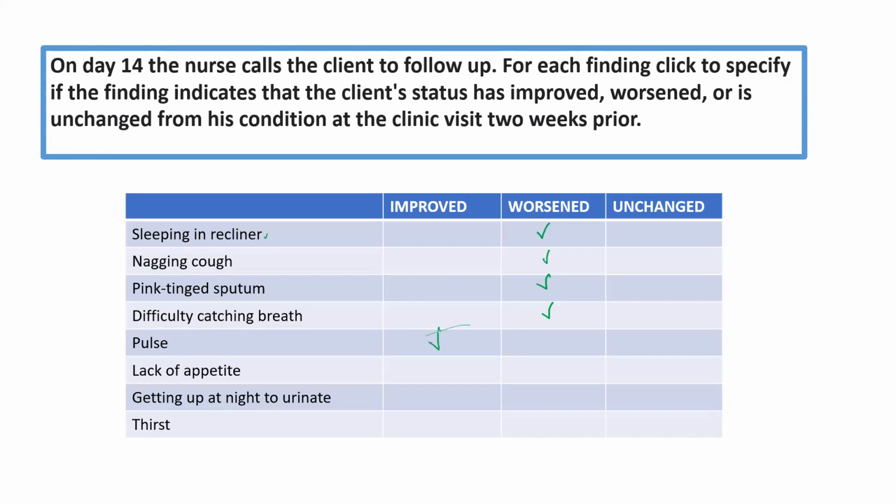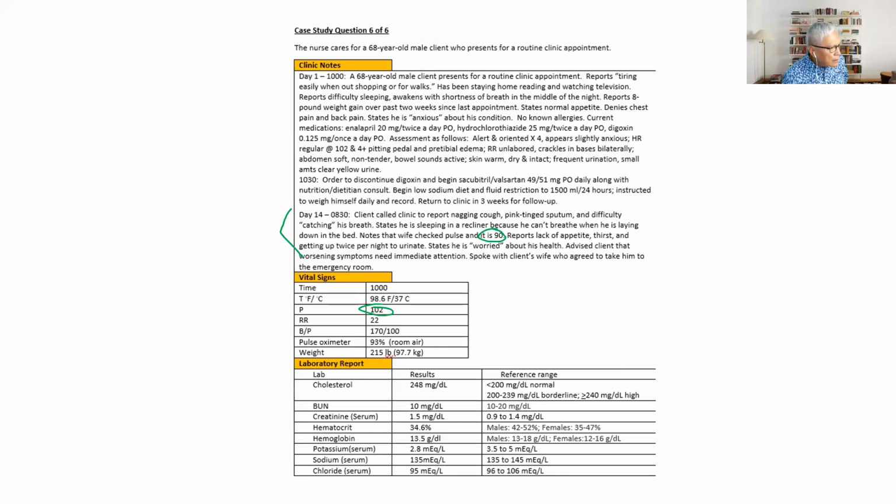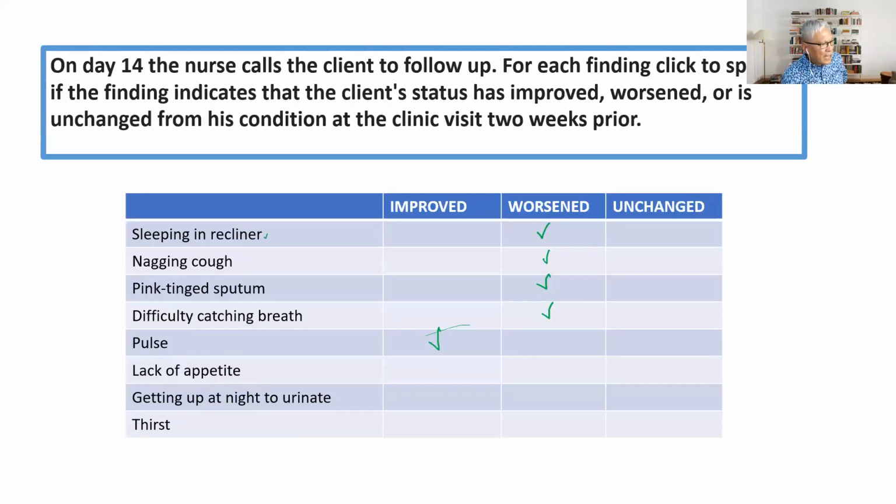How about the lack of appetite? It just says lack of appetite. So is it improved, worsen, or unchanged? Unchanged. But it says lack of appetite, so he is not having any appetite.